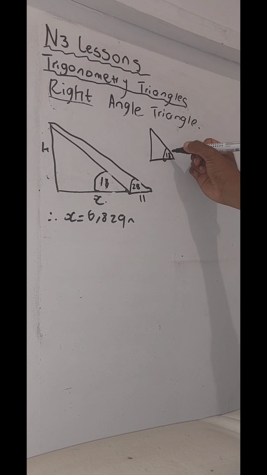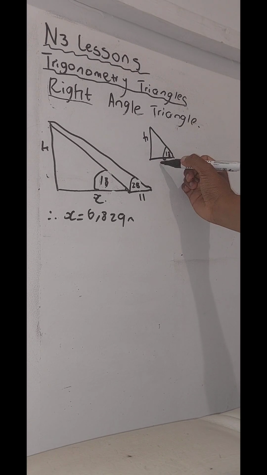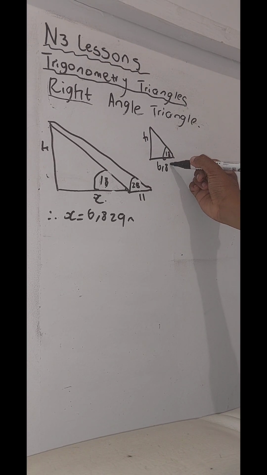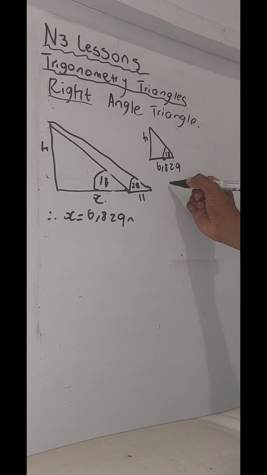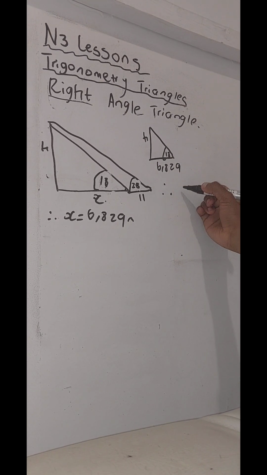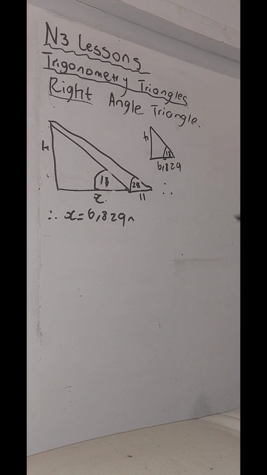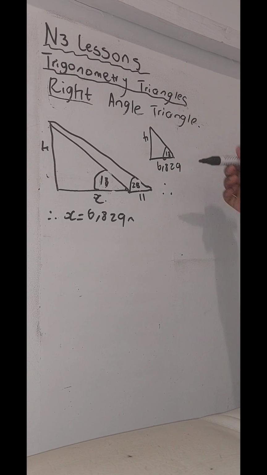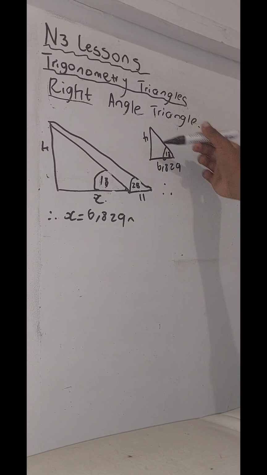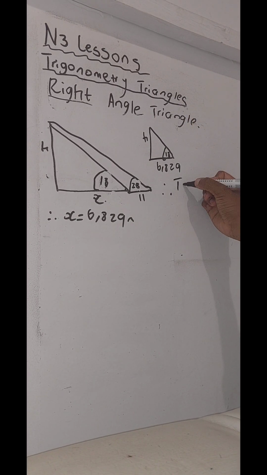18 degrees, height, and we have 6.829. So we're going to have to solve for the height. Therefore, to solve for the height, what do we have? We have horizontal. We are looking for height and this, so we can use tan theta.